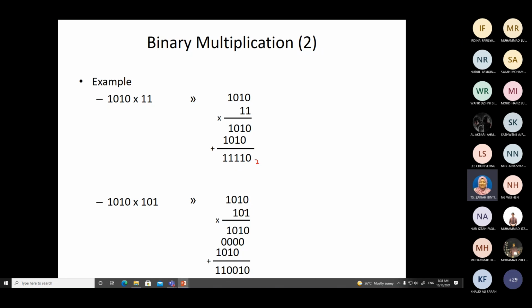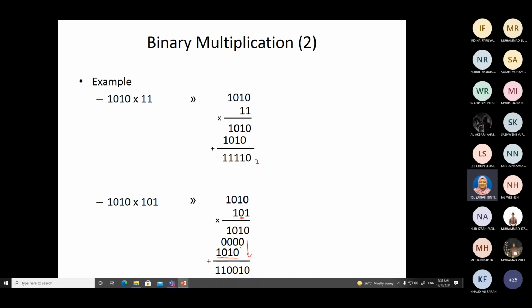And then if we need to multiply 1010 times 101, what you will get is 1010, and then the middle bit is 0, and then continue with another bit 1, which gives 1010 again.